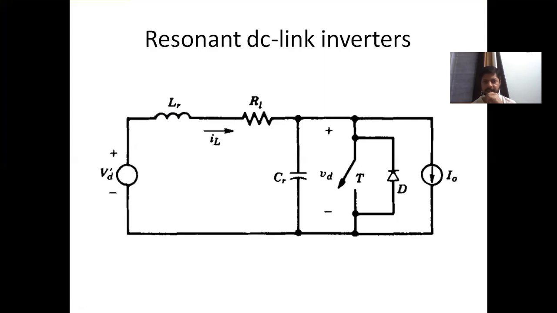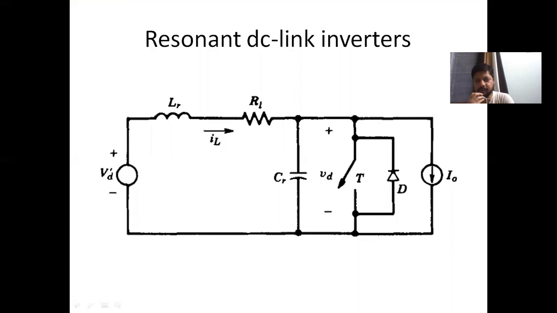What happens here is, initially, this switch T is closed so that the current starts building up through this path. And as soon as the current IL becomes equal to I0, this switch is opened. And then resonance is introduced in this circuit through the path LR and CR.